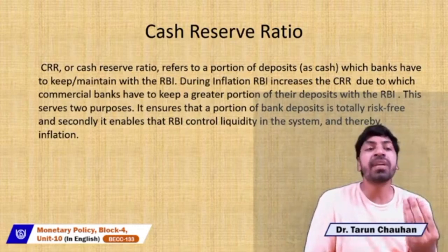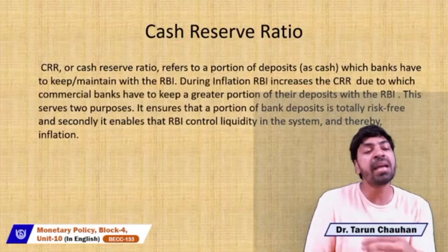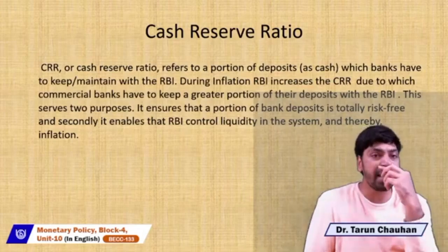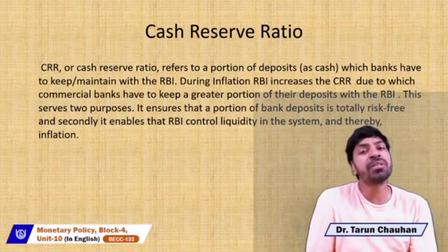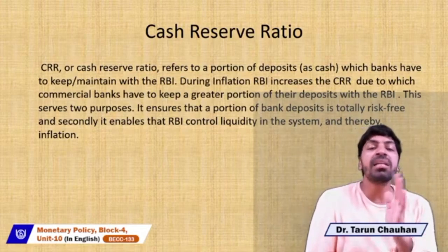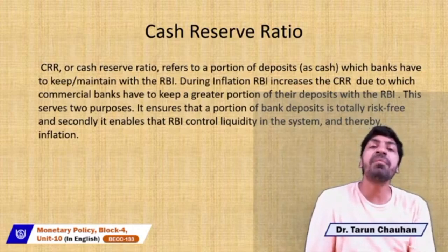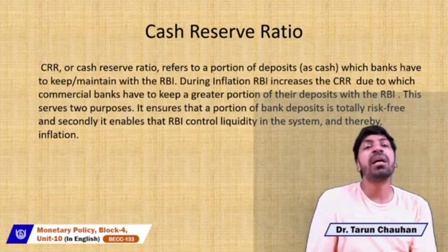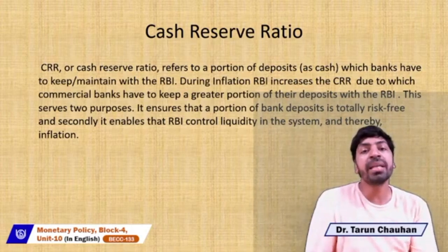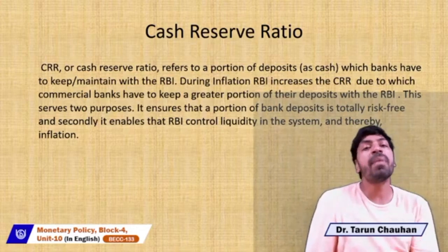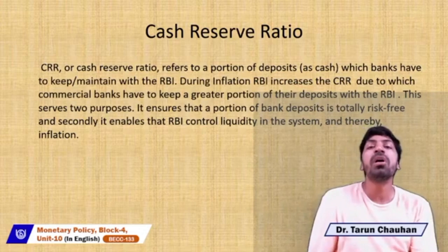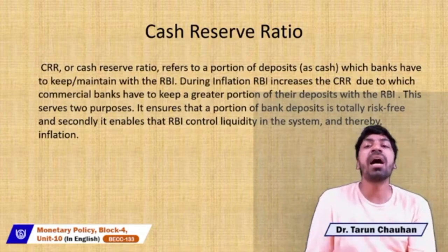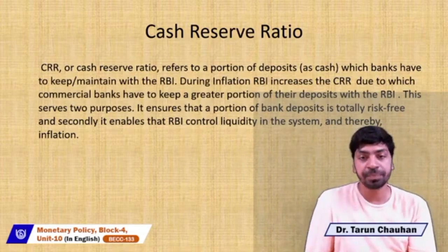The portion of cash which the banks need to reserve with the RBI is exactly called the cash reserve ratio. So in case of inflation, if the RBI increases the cash reserve ratio, it means the commercial banks have to keep a greater portion of their deposits with the RBI.